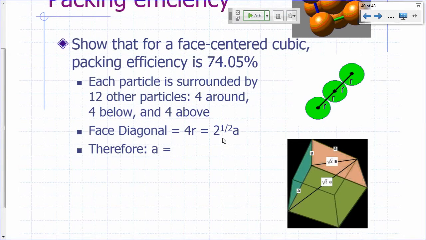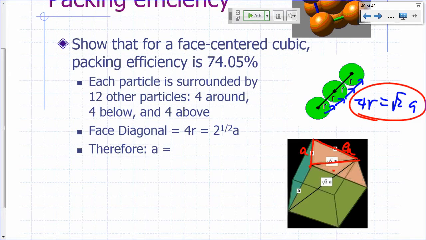What if you have a face-centered cubic? Well, what you need to do now is you can say this, there's 1, 2, 3 atoms touching each other across the diagonal of a face. So that 4R must be equal to square root of 2 times A. For the diagonal of a face, this is A, that's A, so this must be square root of 2A.